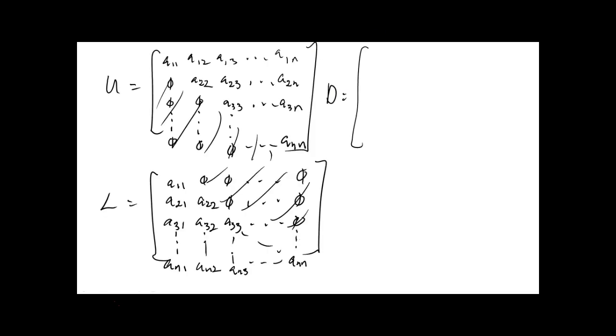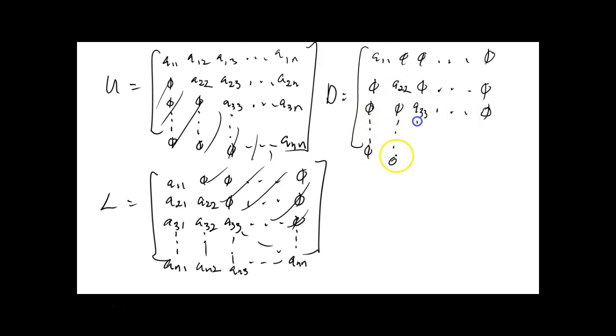I'm going to call it D, for lack of a better letter, and that would be A11, 0, 0, dot, dot, dot, 0, then 0, A22, 0, dot, dot, dot, 0, then 0, 0, A sub 33, and so on, down to A sub nn.